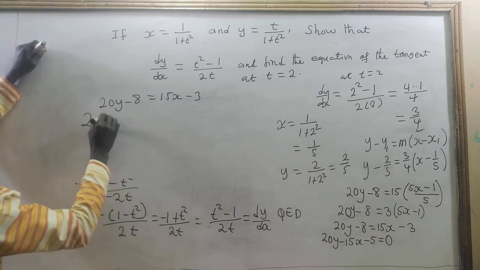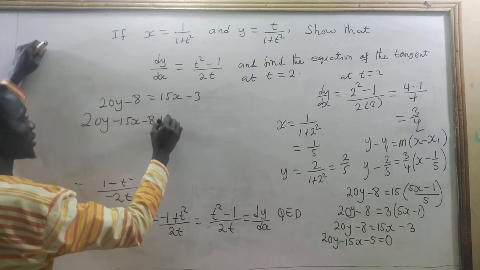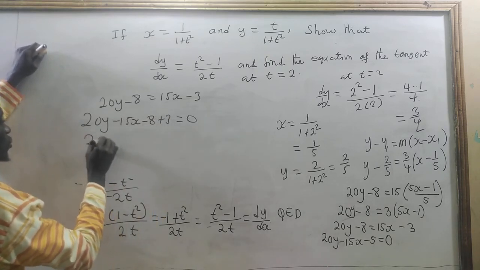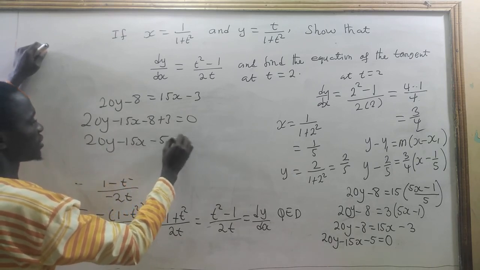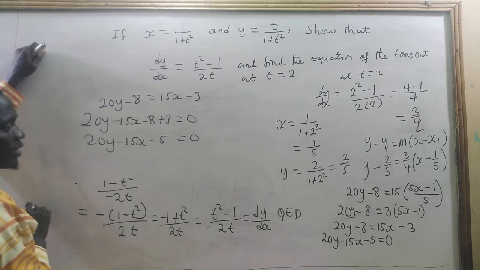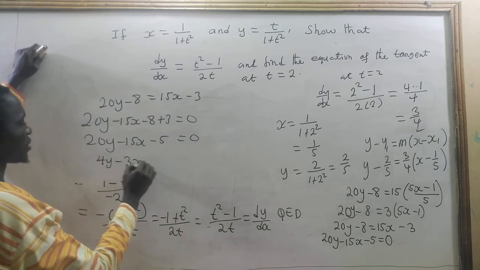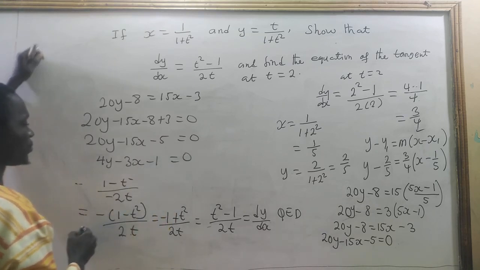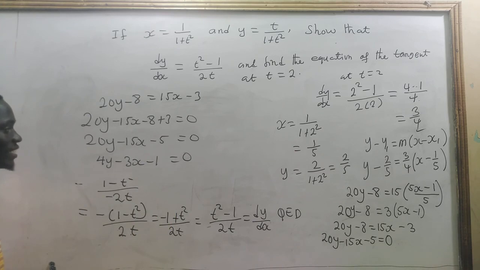So we have 20y minus 15x minus 8 plus 3 equal to 0. 20y minus 15x minus 5 is equal to 0. If we divide through by 5, we will get 4y minus 3x minus 1 equal to 0. Wow! As the equation of the tangent.